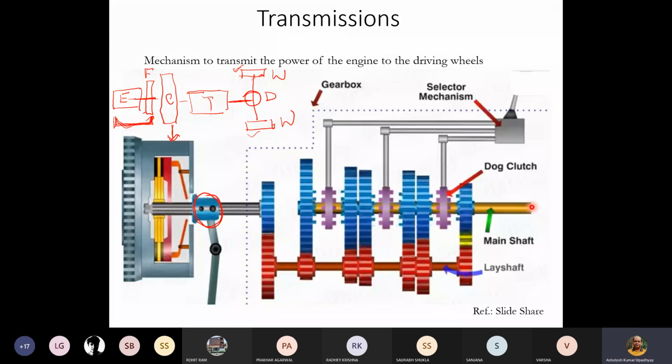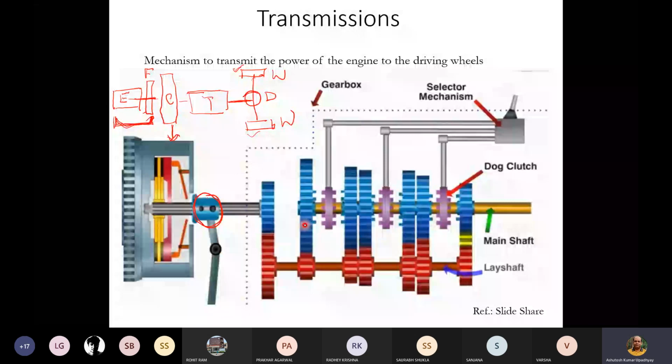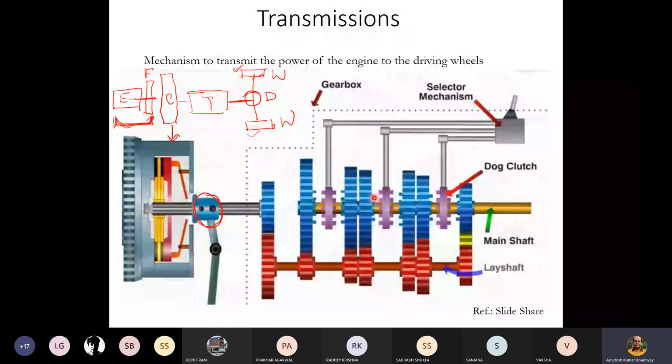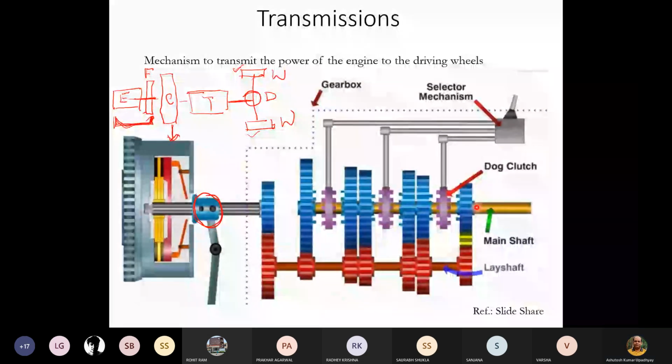Now, if you see, this is a reverted compound gear train. Reverted why? This is our input shaft, then we are coming to some other place, the counter shaft, and then again the power is transmitted to the main shaft. You see there are multiple gears on this main shaft. So this is basically the reverted compound gear train.